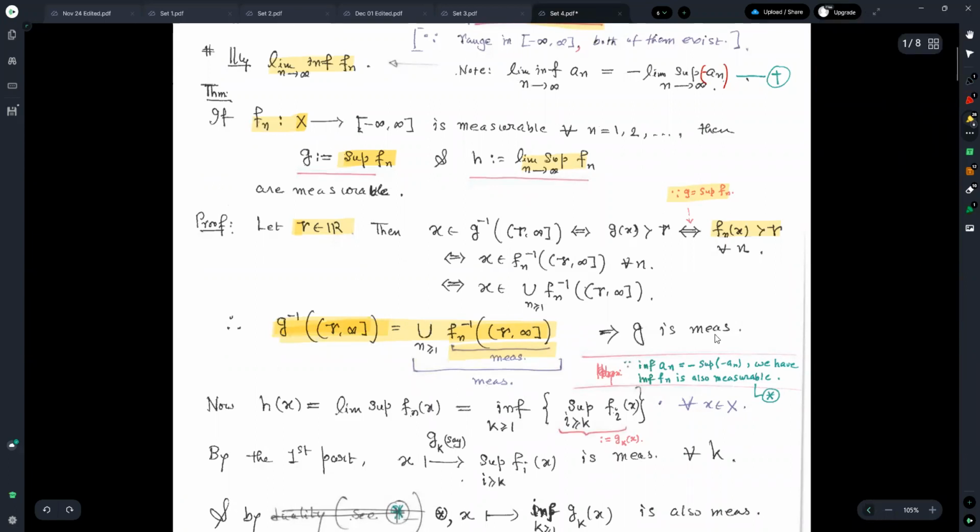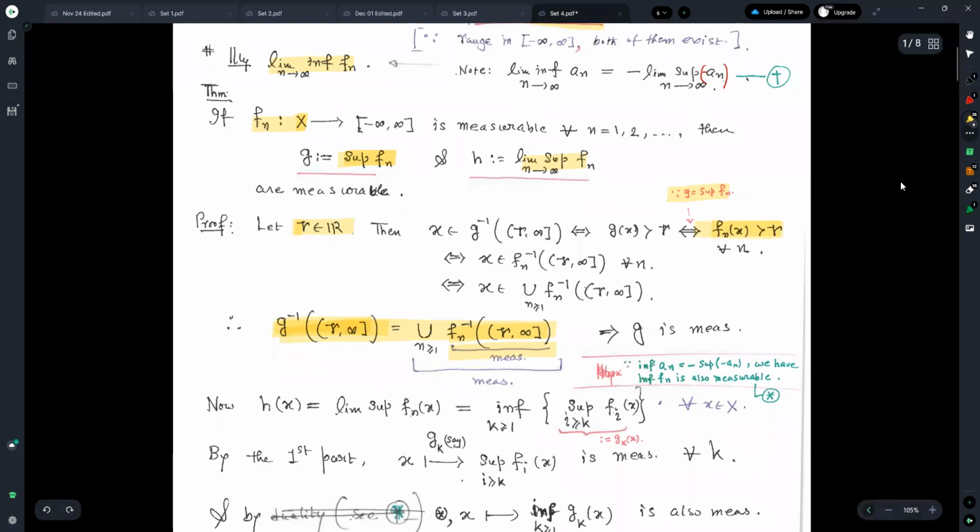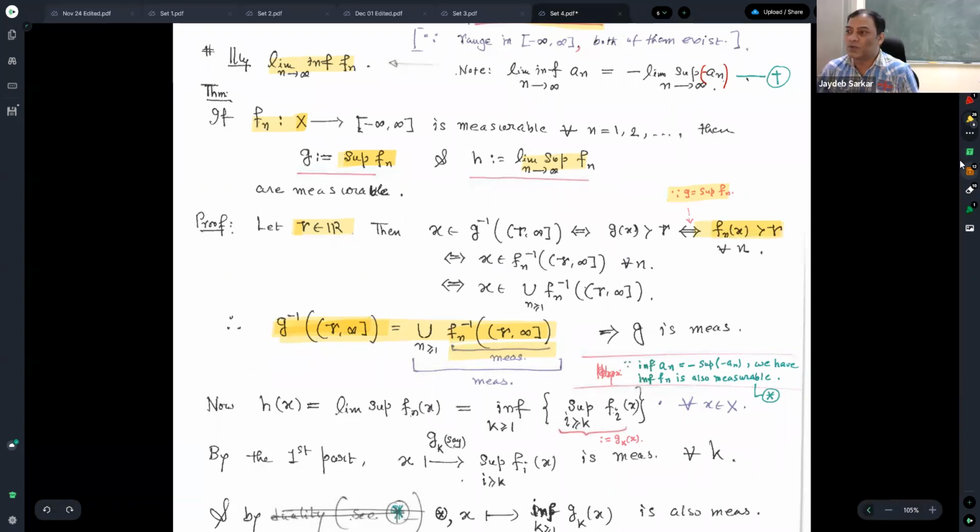Will it be Fn(x) greater than R for all n or for some n? One more time. Oh, you are asking whether this is true or not? Yes, it is true, for all n. It seems so, right? Look at the definition.